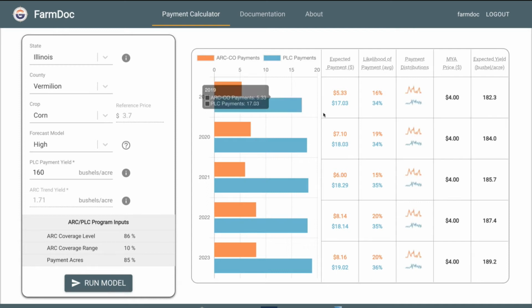Yeah, so when we're saying here we have a $4 market year average price for 2019, that's actually a distribution of prices around that $4. If we average all of our prices, they would average $4. So when we say that we're expecting a 3.63 price for 2019, we're really saying that there will be a distribution, and 3.63 is our best guess, and some of those prices will be lower than that, some of those will be higher than that.